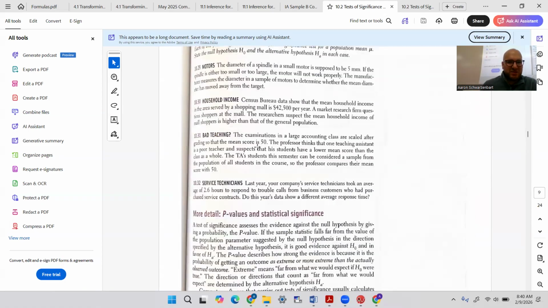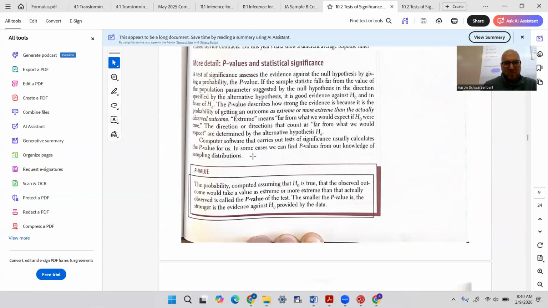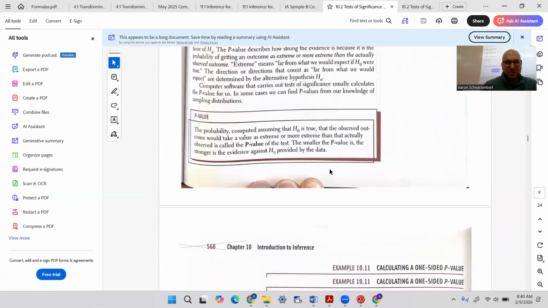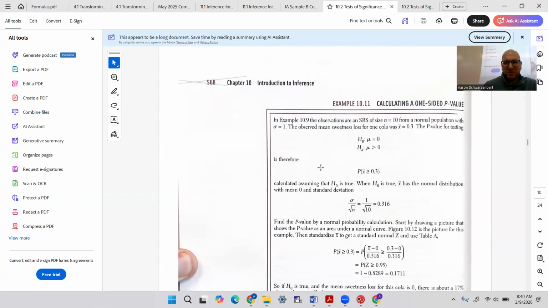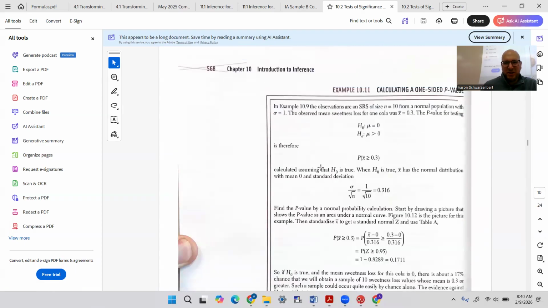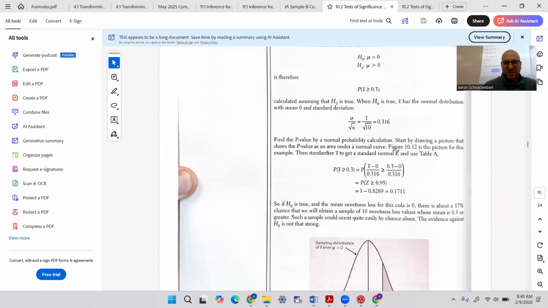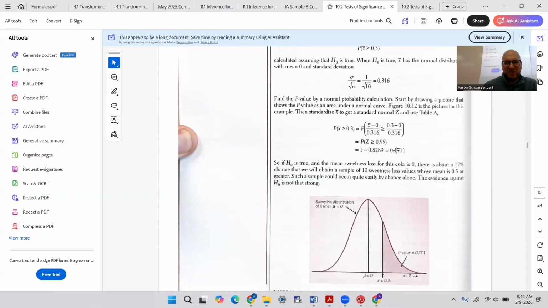A few assumptions change a little bit. But mostly what they're doing is, okay, here's harder scenarios. Apply that. Here's new scenarios. Apply it. Okay. The probability computed is going to be the p-value. So here we're calculating our calculation. Here's the first one.